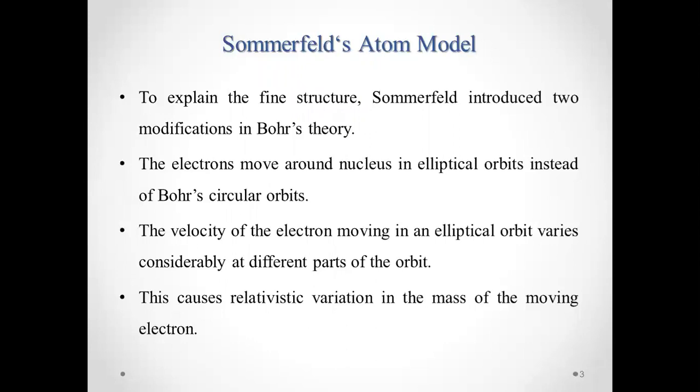According to Bohr's theory, whenever there is a transition of electron from higher orbit to lower orbit, a single photon of definite energy is produced, leading to a well-defined spectral line.